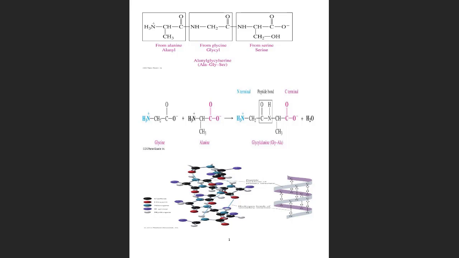So when we do that, we disrupt the interactions that stabilize the secondary, tertiary, or quaternary structure, which will make the protein lose its shape, and it will be biologically inactive.